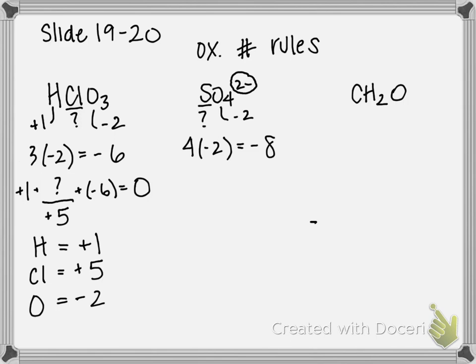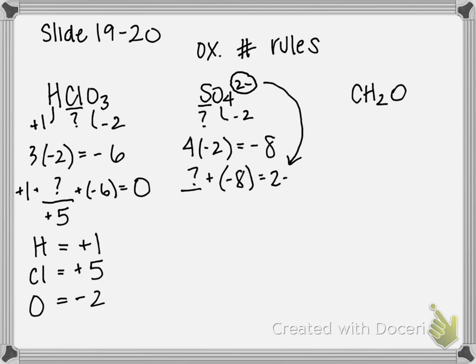So now we're looking for what plus -8 adds up to, and this time it's not 0, it's adding up to 2-, and that comes from the fact that that's the charge of our polyatomic ion. So what plus -8 gives you 2-?